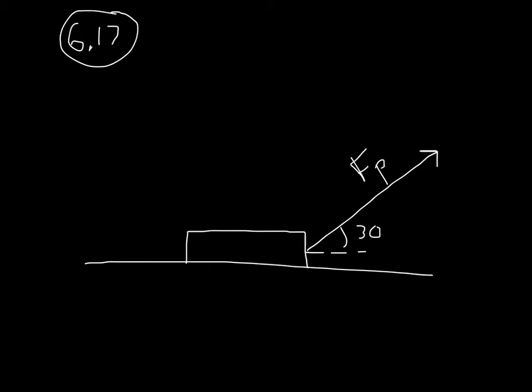What other forces are acting on this sled? What else? Where does the normal force go? Guys, listen up. Straight up, normal force. We have gravity. Where does gravity go? Straight down. Any other forces?